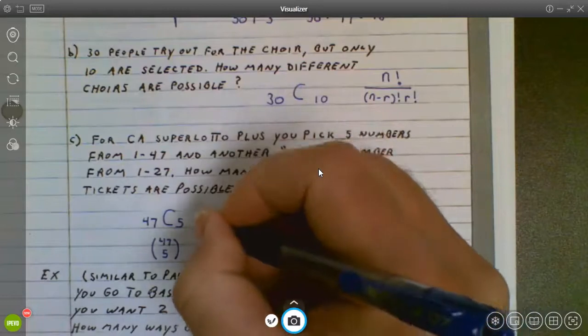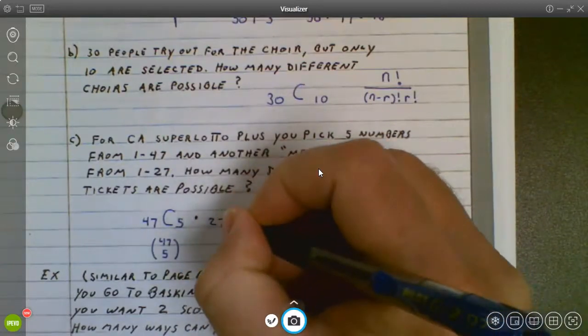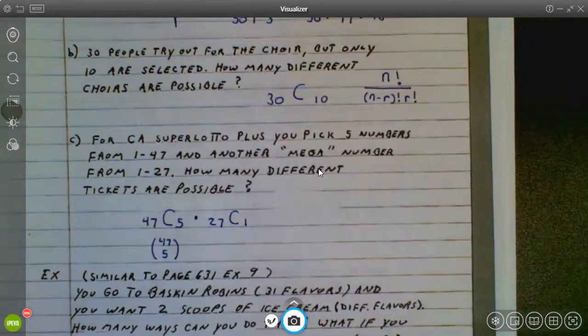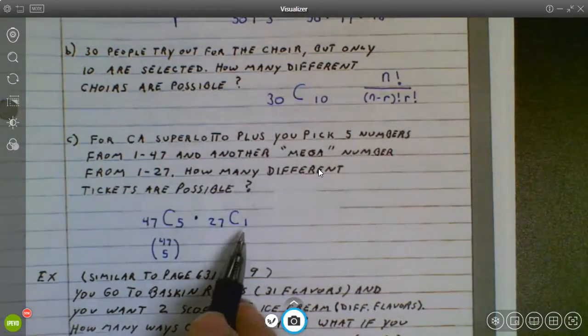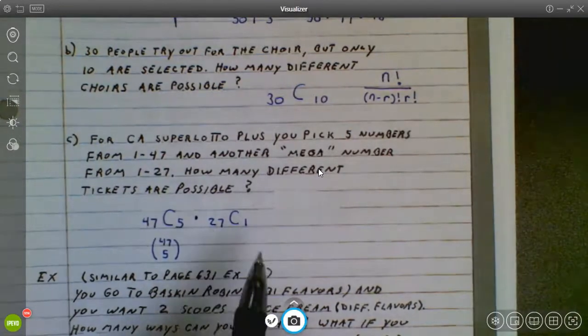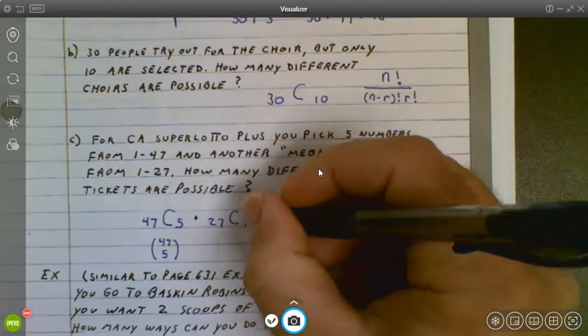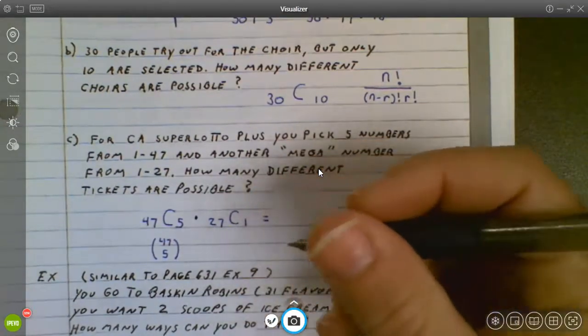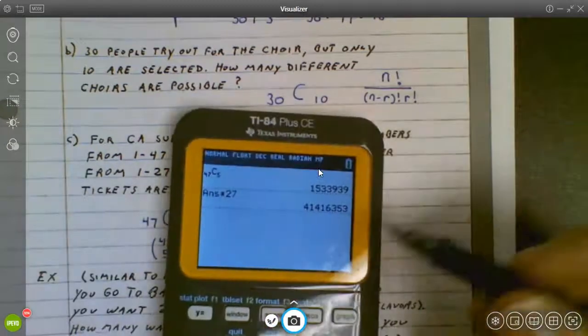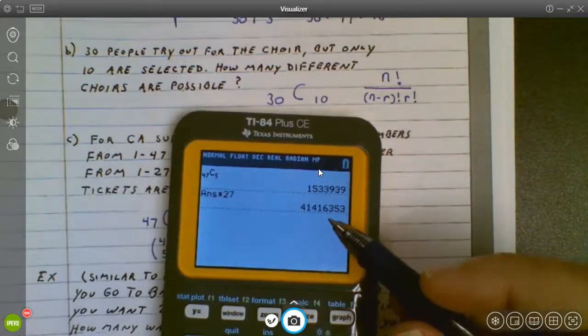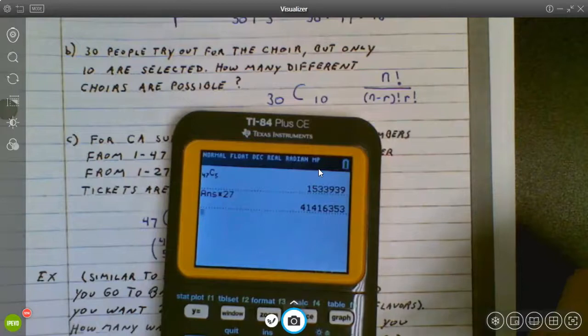So now I have 27 numbers to choose from, and I have to choose one of those, which, guys, anytime this is a 1, that's your answer. So 27C1 is the same thing as just saying 27. But anyway, if we multiply those together, and I'll let you do this in your calculator. I already did it. So you get 41,416,353.